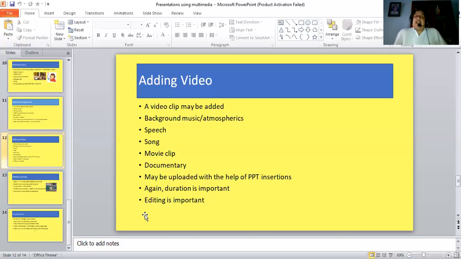Again, the editing of the video content is very important because quality is something that matters. You have to edit your content in order to make your presence felt and to make the video that much more appropriate, meaningful, impactful, and powerful when the audience sees it.